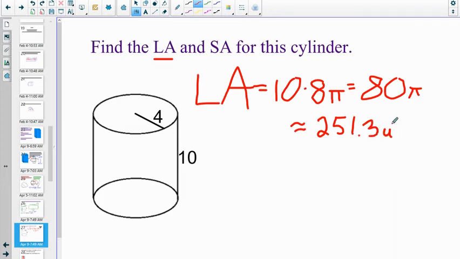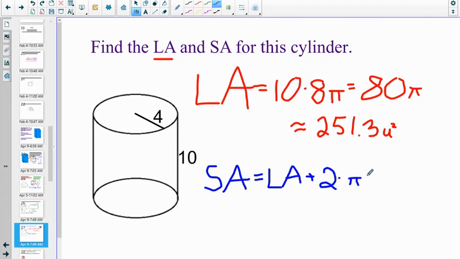Units squared, whatever the unit is, centimeters, inches, or whatever that is. The total surface area, this will be my lateral area, plus 2 times the area of the base, where the area of the base is pi times the radius squared. My radius is 4, so pi times 4 squared.